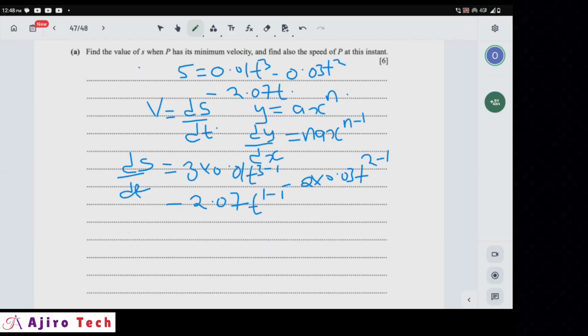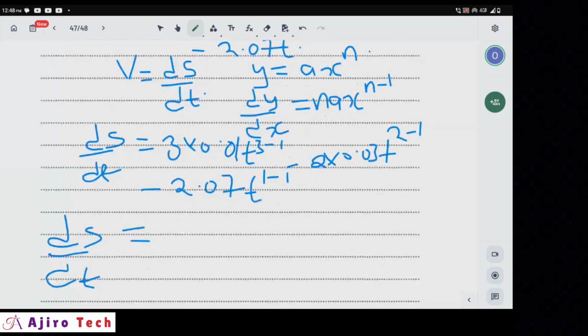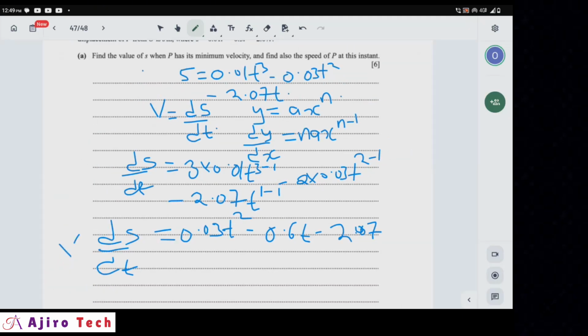What am I trying to do? I'm trying to find the derivative. And so dx over dt will be equal to 0.03t^2 minus 0.06t minus 2.07. With this, I have gotten the expression for my velocity.